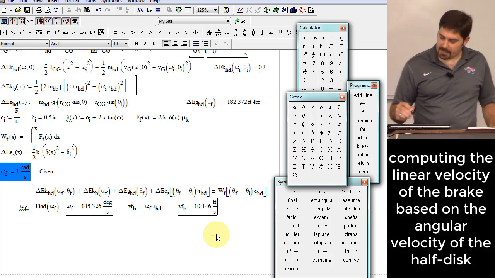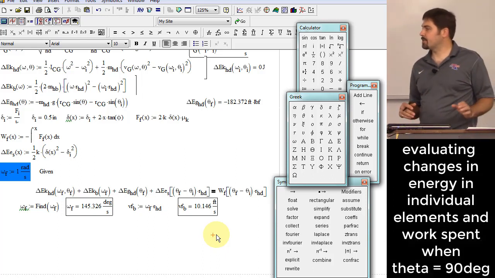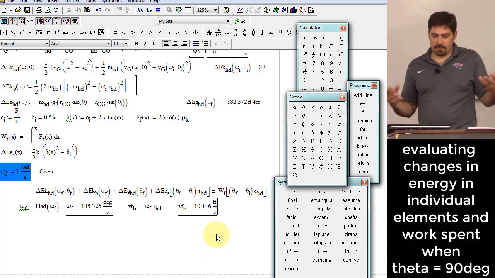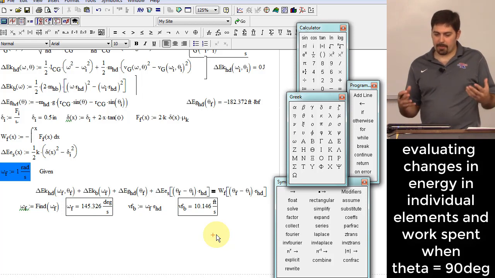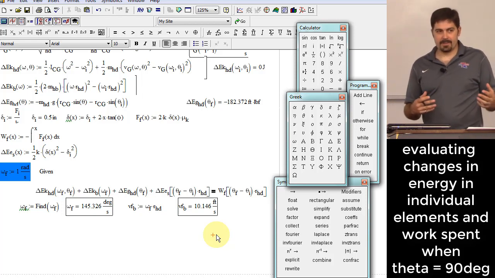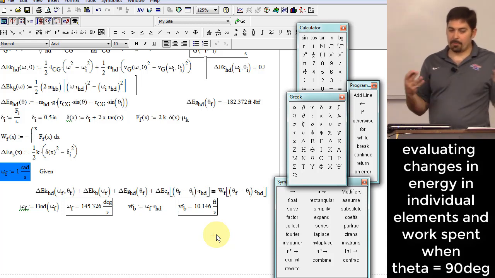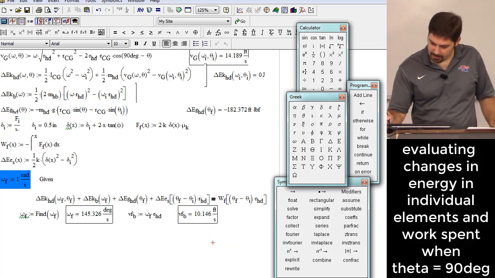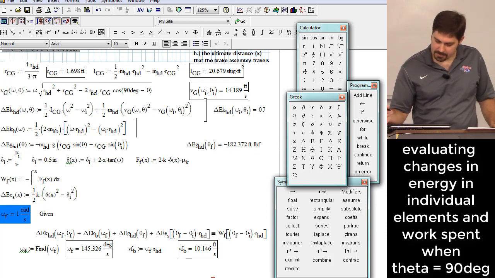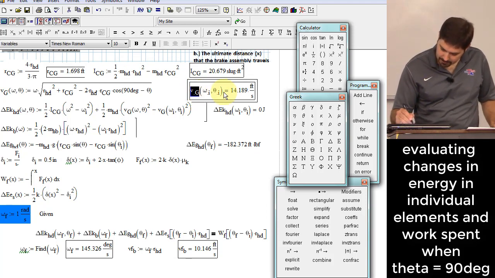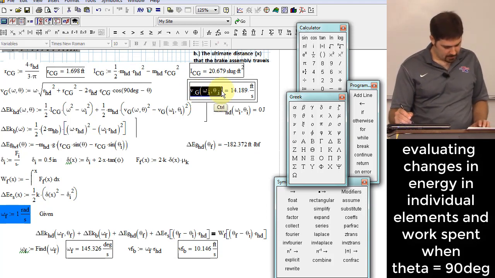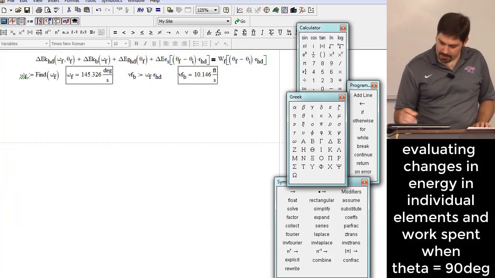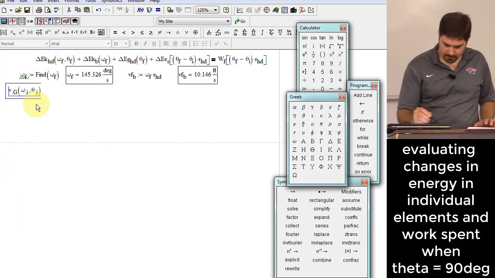What I was about to do a second ago is I like to go through and evaluate and say, now that I know what my final omega is, I can say where all my energy went, right? And all I got to do is go back up here and take each of these values, like for instance this one right here, and copy it down here, right?